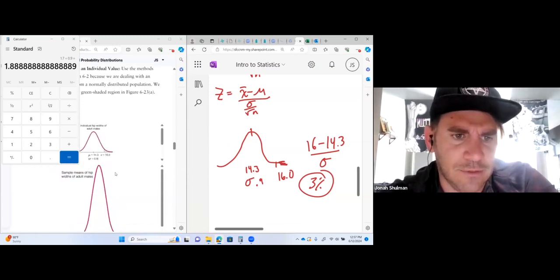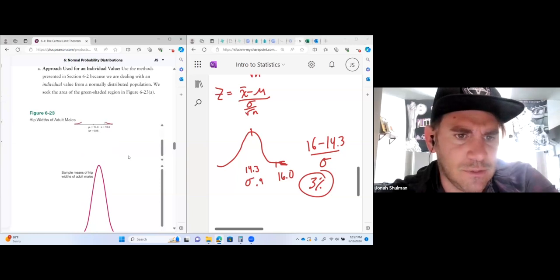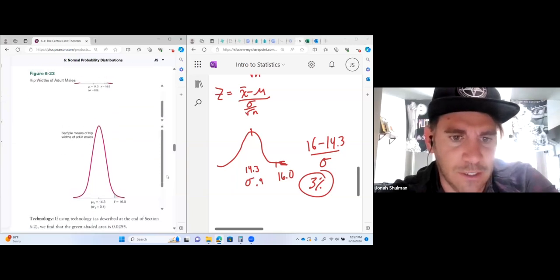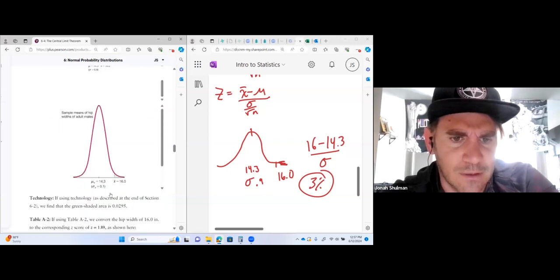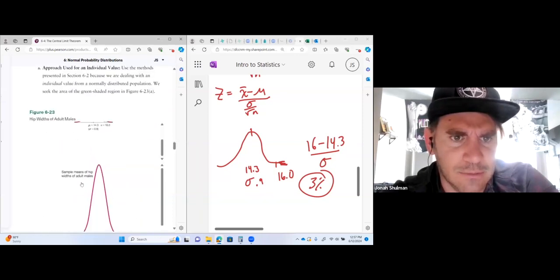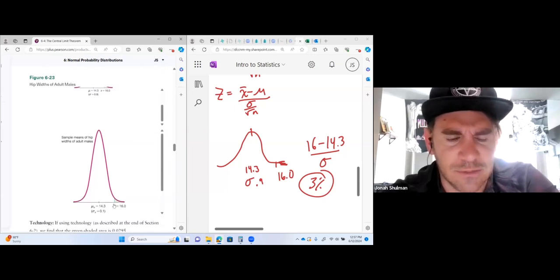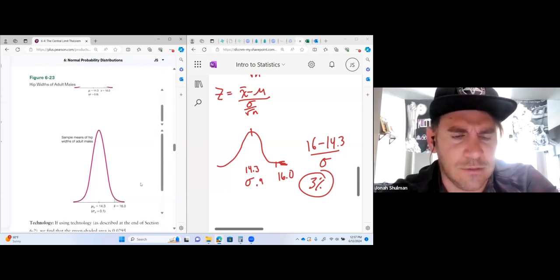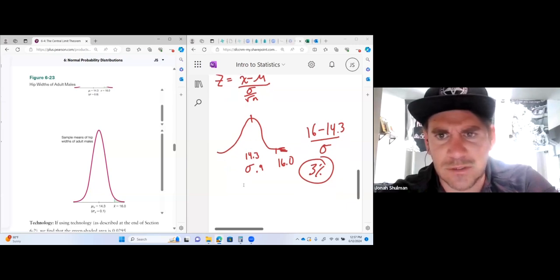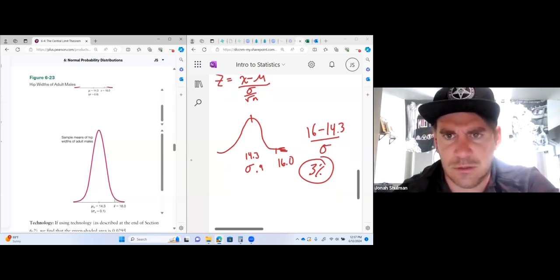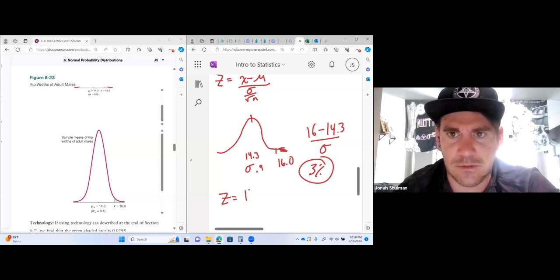And now we have the sample means of everybody, right? These are all the guys. So notice that is a lot higher, but the standard deviation is different. The standard deviation is now 0.1. So if we wanted to use the z-score with this formula, it would be what? It'd still be 16 minus 14.3.